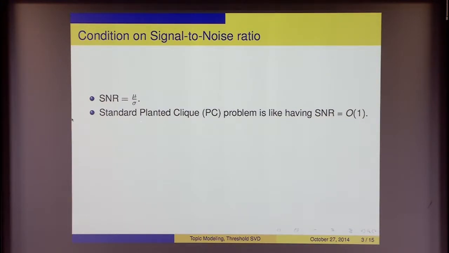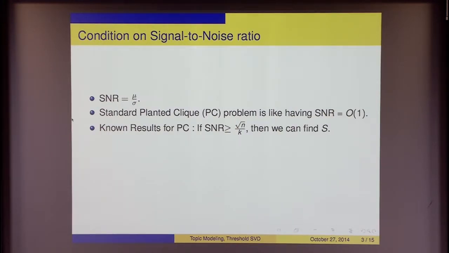In the planted-clique problem, if you will, mu and sigma are 1, so signal-to-noise ratio is 1. And we know that we can do the planted-clique problem at least if the signal-to-noise ratio there is root n over k, at least. That's just the same as saying 1 is greater than root n over k, or k is greater than root n. I've just written it in a devious way.